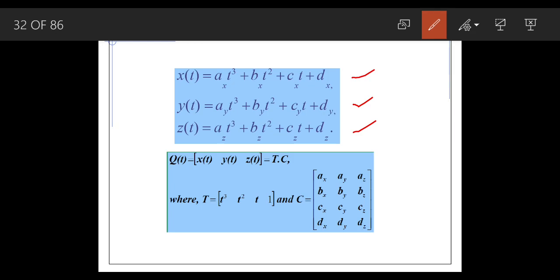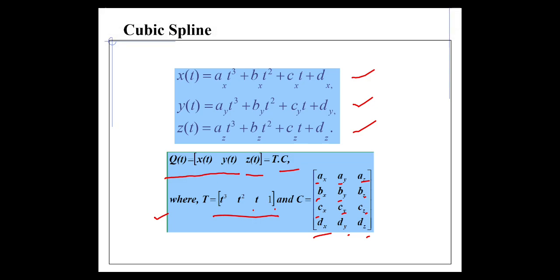The entire thing, all these three equations, can be represented with a matrix: Q(t) is equal to x(t), y(t), z(t), which is T multiplied with C. T is common for all three equations: t raised to 3, t square, t and 1. And C is ax, ay, az, similarly bx, by, bz, cx, cy, cz, dx, dy, dz. So these three equations we represent in matrix form.